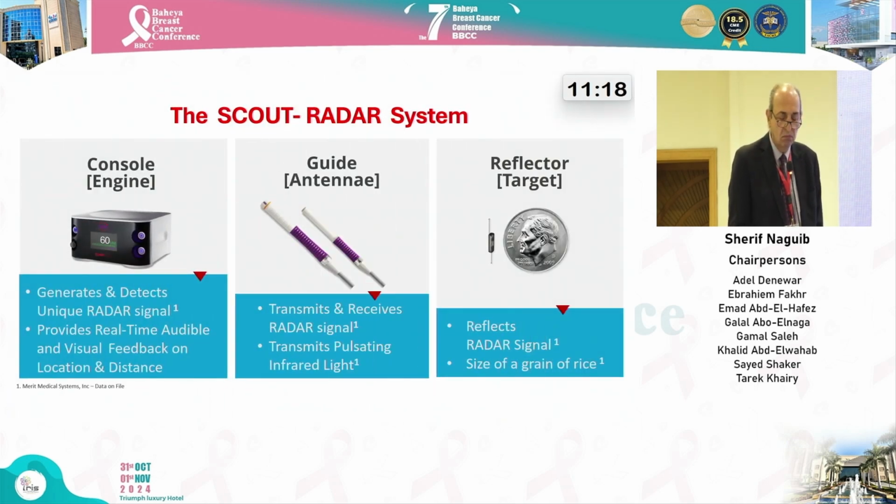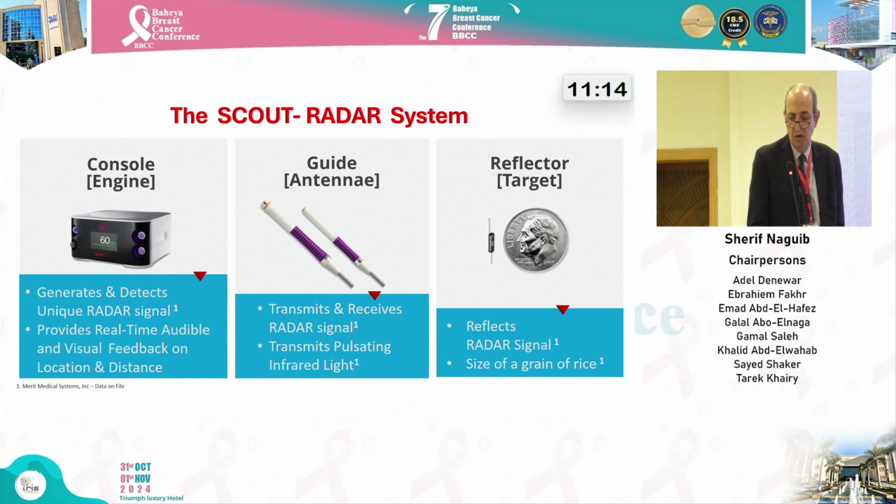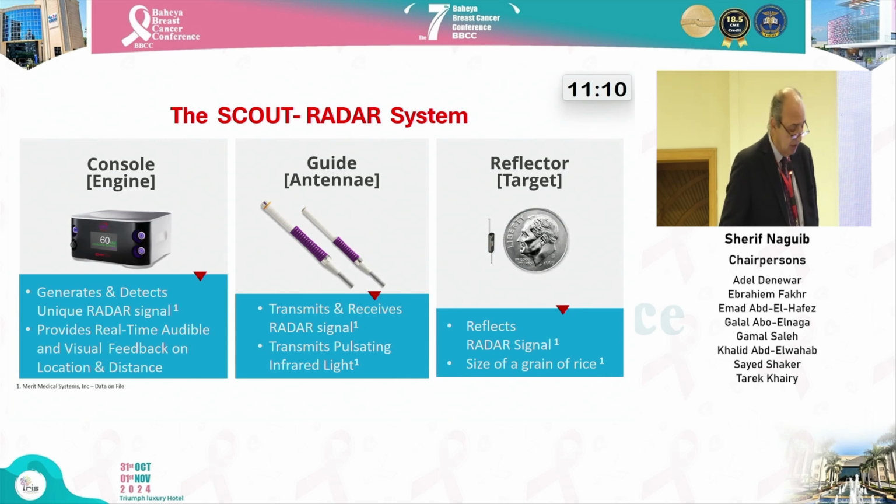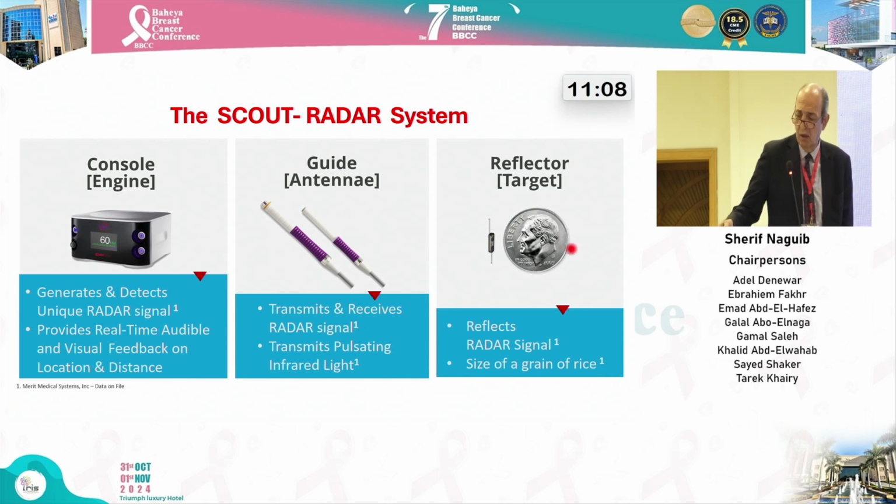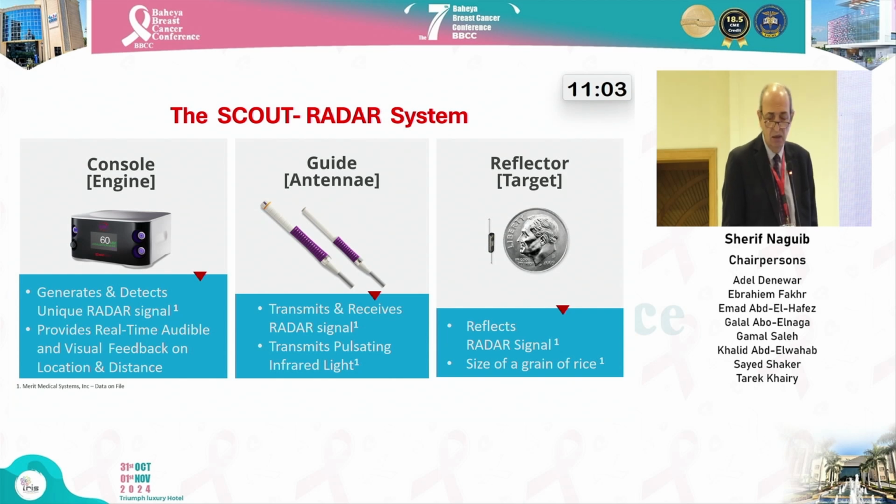Finally, the Scout radar system, which I'm introducing today, consists of 3 parts. Number 1, on the right-hand side, is the reflector, which is injected in the lesion either immediately before surgery, or up to 1 year before surgery.